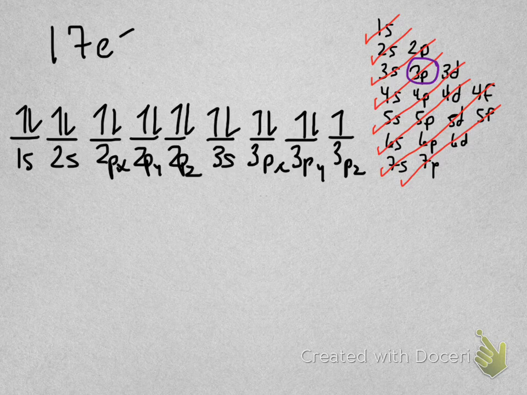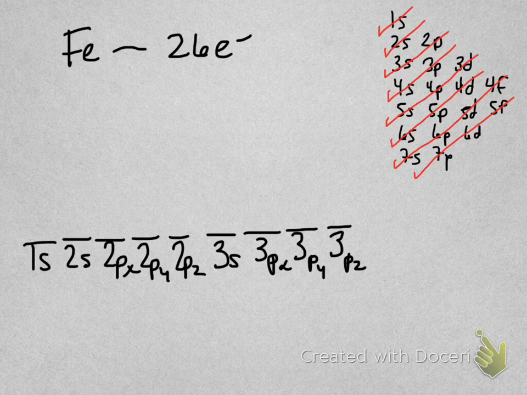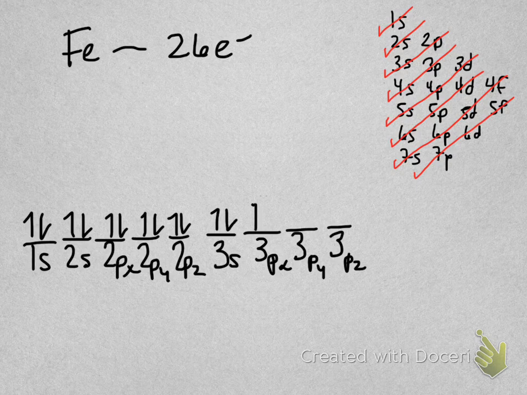Should we do one weird one, one difficult one? Okay. Let's do iron with 26 electrons. Let's get our subshell filling diagram. So I've gone as far as the 3p subshell, and let's start filling. We get 1, 2, 3, 4, 5, 6, 7, 8, 9, 10, 11, 12, 13, 14, 15, 16, 17, 18. Oh boy. I got 8 to go.